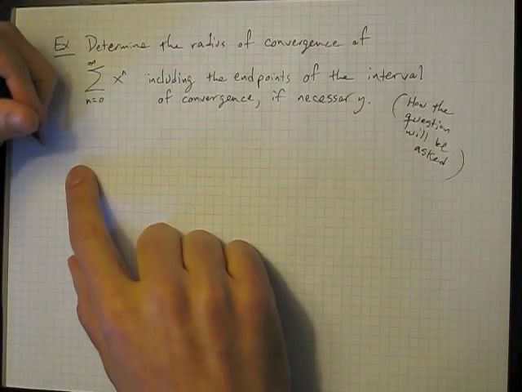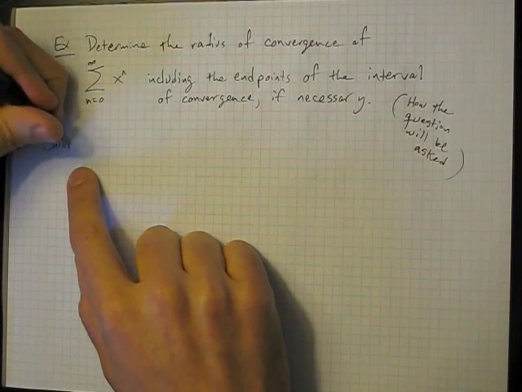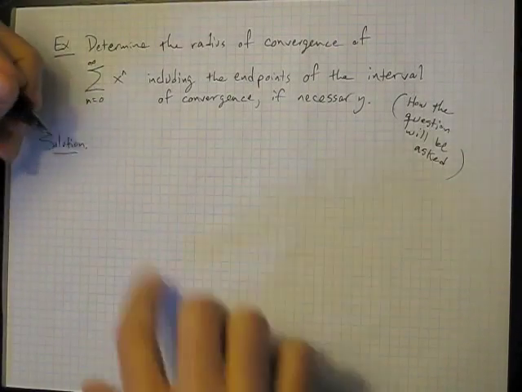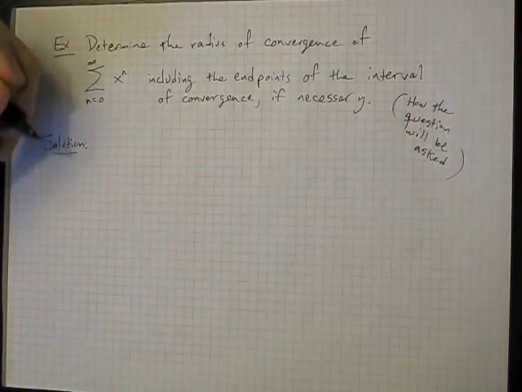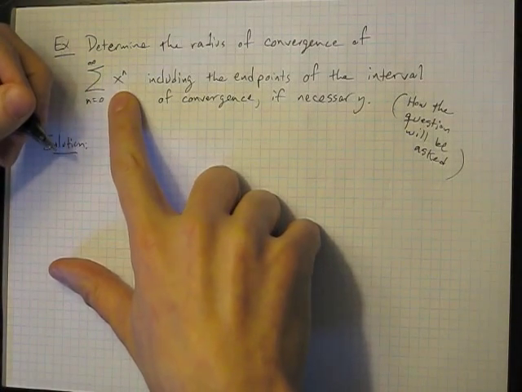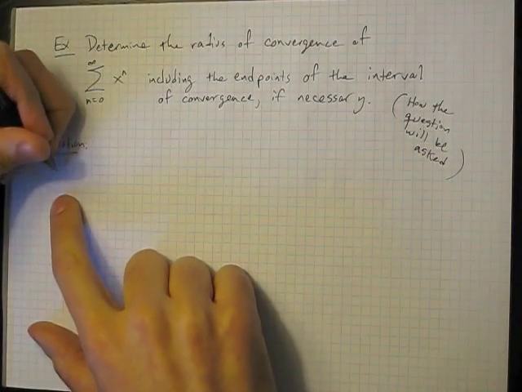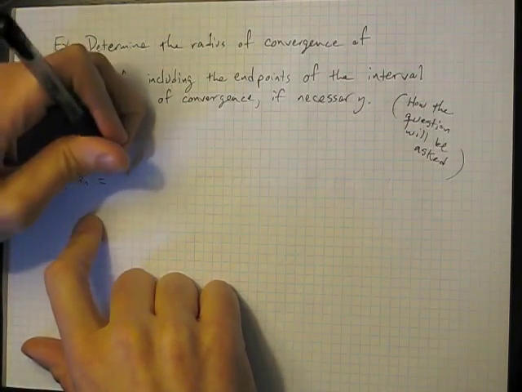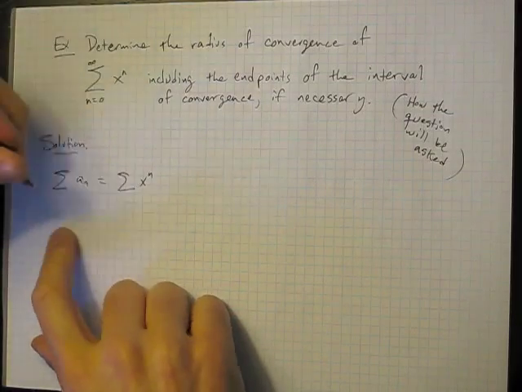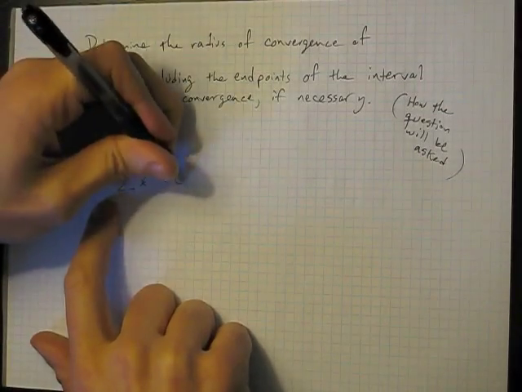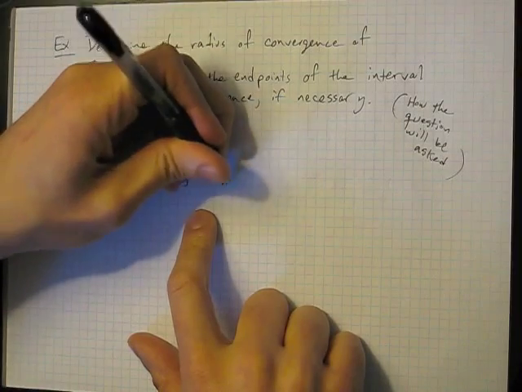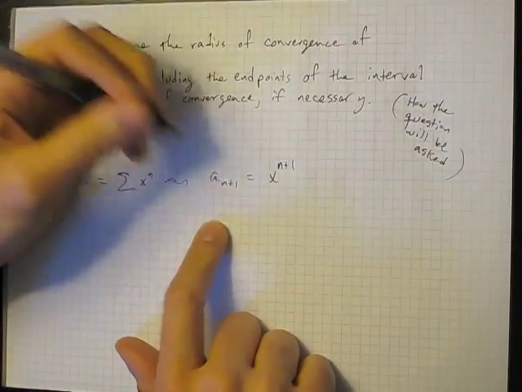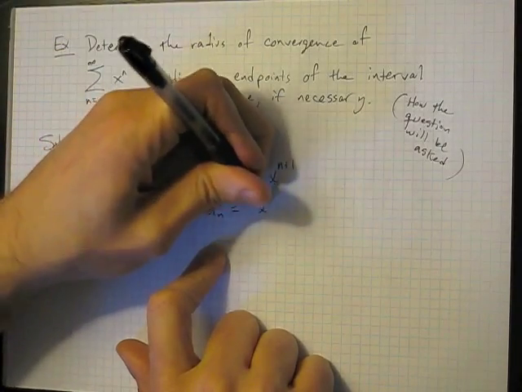Okay, so solution to this. We have this tool at our disposal, the ratio test. So we're going to take this expression here and use the ratio test. If we think of this as being a series that we're going to apply the ratio test to, then a(n plus 1) is just x to the n plus 1, and a(n) is just x to the n.